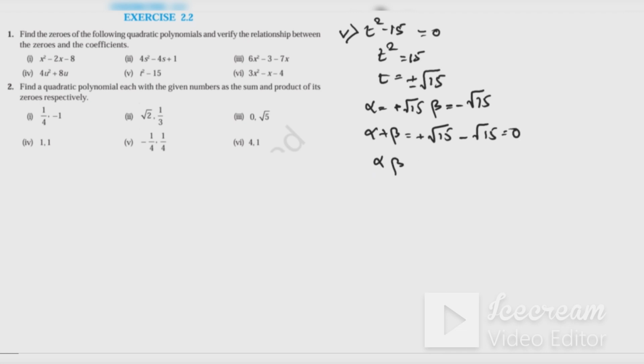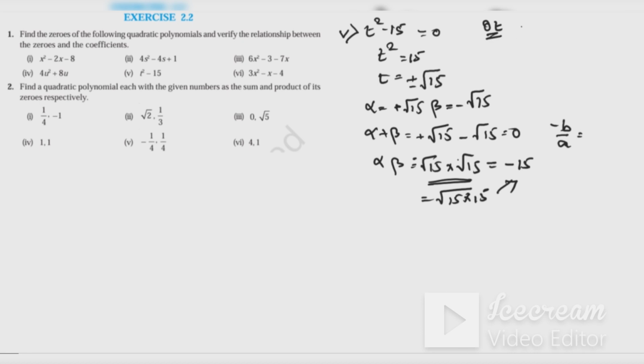And what is alpha beta? Root 15 into root 15, plus and minus, hence there will be a minus. So that is equal to minus 15. Now, what is minus b by a in this case? There is no coefficient of t.